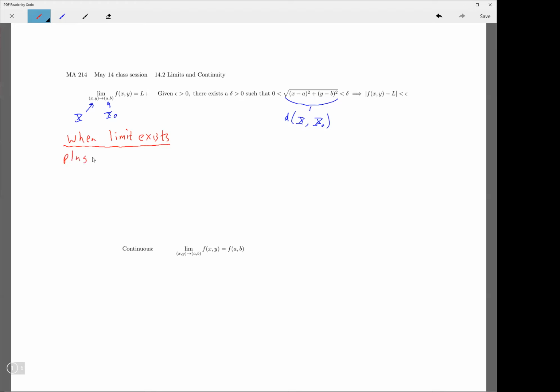You can try plugging in the point and see if that works, and if it does, then probably the limit exists and that's what the value is going to be. Okay, except in weird cases, which you would be able to identify. So you plug in the value, that's one thing. You might have to manipulate it first. Okay, then plug in the value.